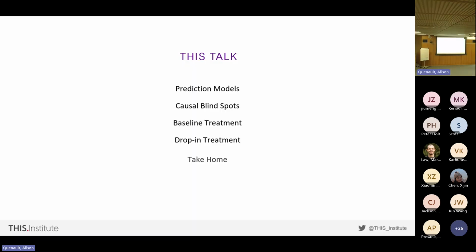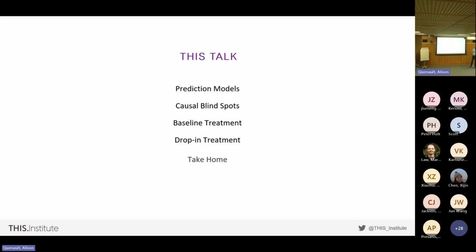So what are we going to talk about today? Prediction models. I'm just going to give a brief recap about what we mean by that. And then I'm going to spend time on those causal blind spots. So basically what I'm going to argue is that if we develop prediction models and they are meant to be used to make treatment decisions, then we have to involve a form of causal reasoning. If we don't do that, and that's historically, traditionally how people do it, not thinking about any form of causality, I think you run into some causal blind spots, potentially giving the wrong information to the user of your model.